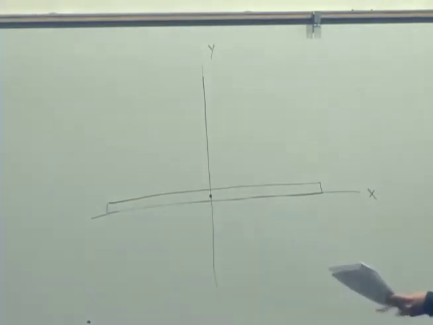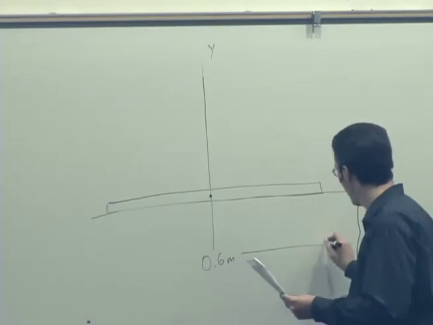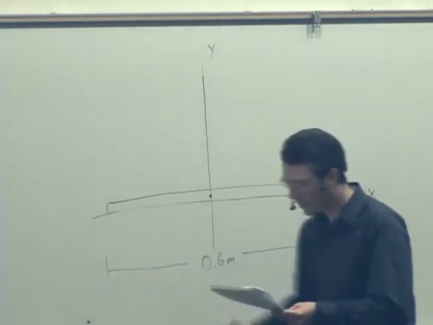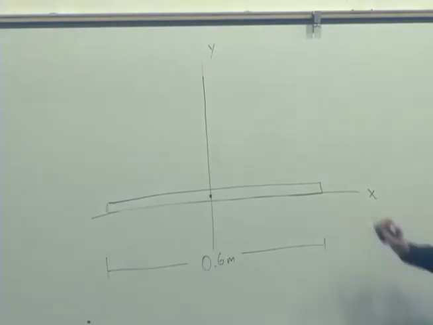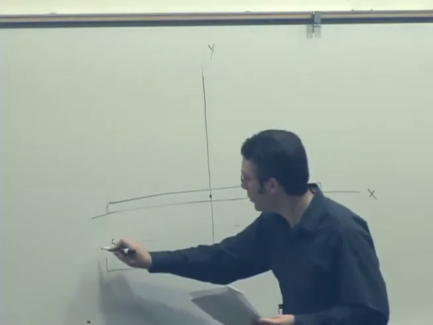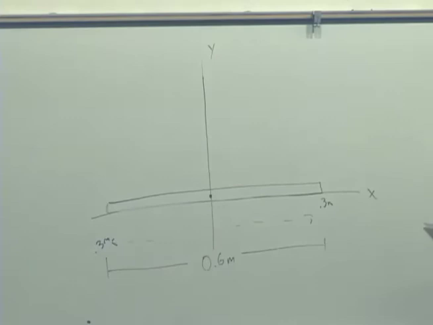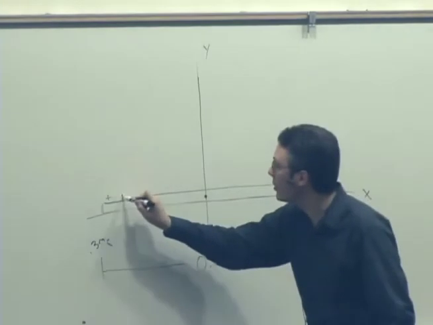Let's say the length is 0.6 meters, so this end is 0.3 meters away, and this end is 0.3 meters away from the origin. And let's say it's positively charged, with a uniform positive charge.